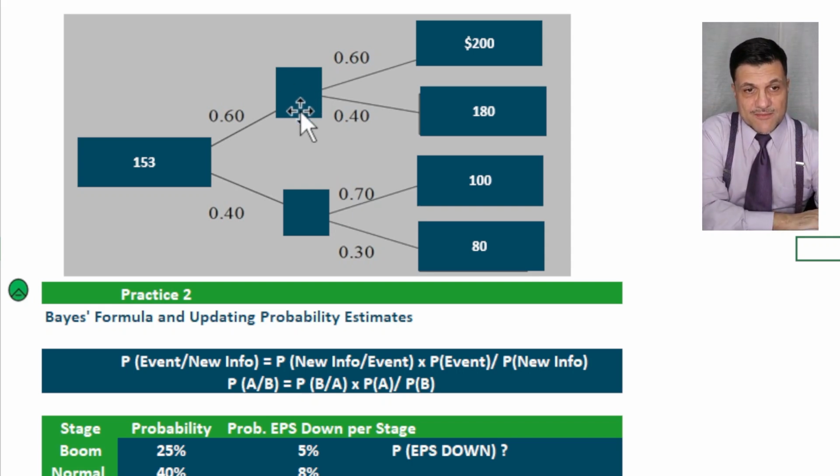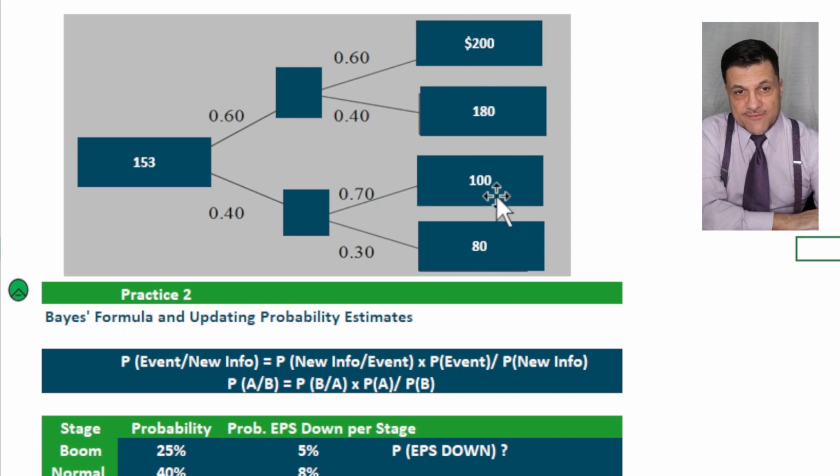So it is the weighted average of those 2 numbers here, because they have 2 branches linking to that box. So I have to average those 2 numbers and put in that box. Same thing here. I have to average those 2 numbers and put it in that box here.